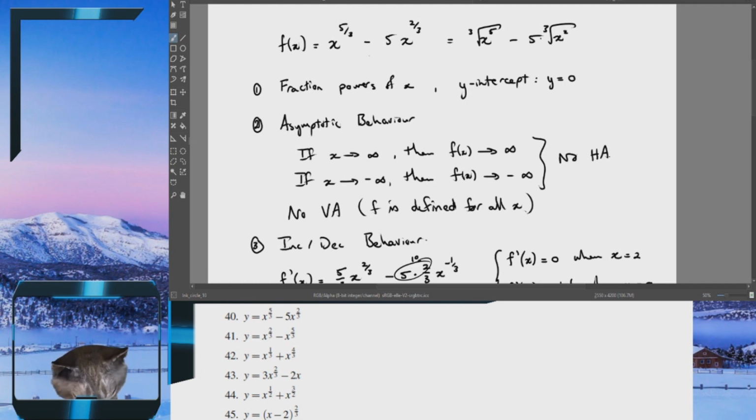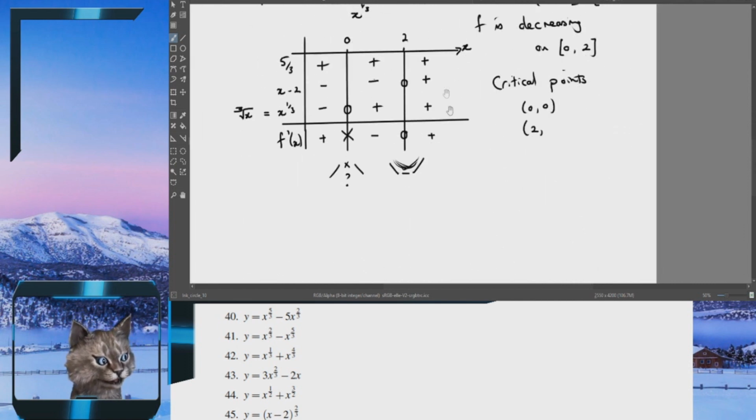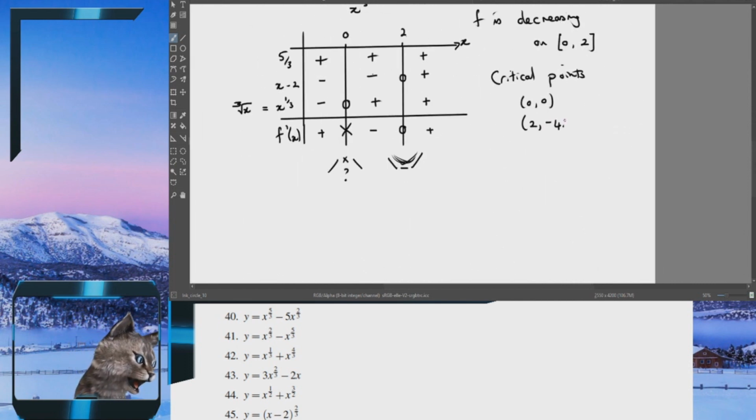Cube root of 2 to the 5th power, which is 32, minus 5 times cube root of x squared, which is 2 squared, which is 4. Negative 4.7622.